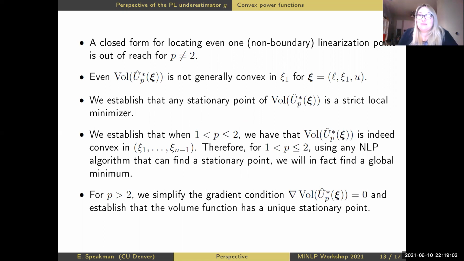We can establish that any stationary point is a strict local minimizer, and we can also establish when P is between 1 and 2 that the volume function is indeed convex. For P strictly greater than 2, we can simplify the gradient condition, and we can show that the volume function does have a unique stationary point, but finding a closed form for exactly where they are does seem to be out of reach.